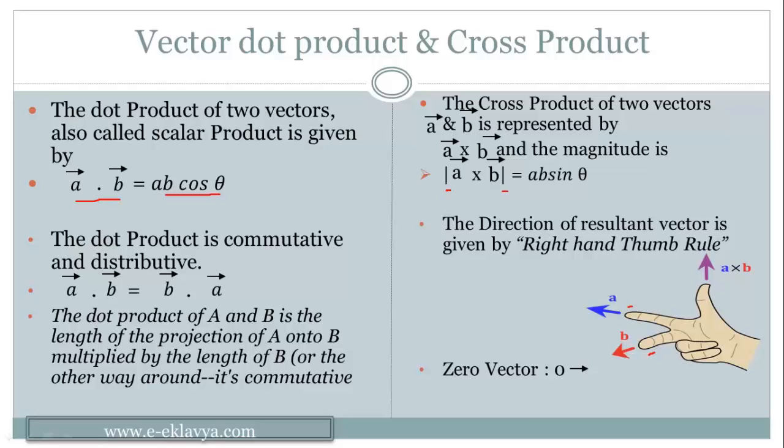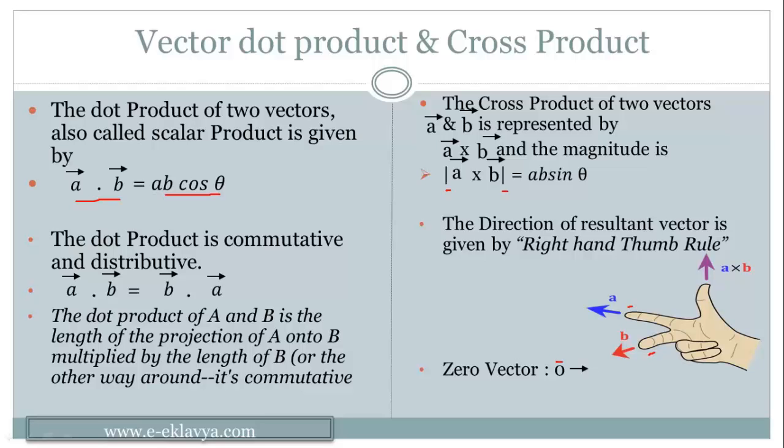Now the other concept, very quickly I'll go through. It's the zero vector. A zero vector is nothing but a vector which has got zero magnitude and no particular direction.